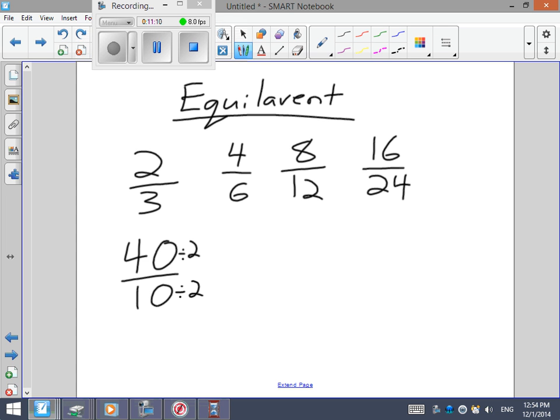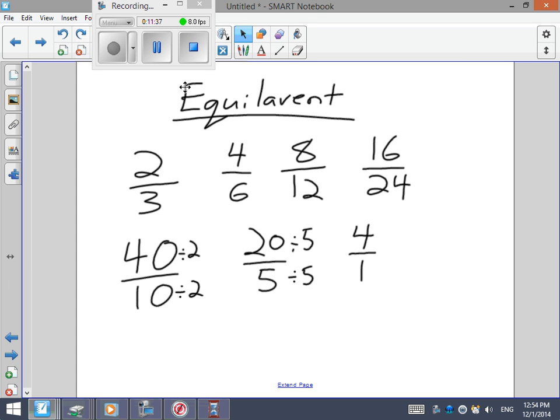We know that's going to go in both of them. That would be 20 over 5. Now let's say we divide it by, well, we can't do 2 because 5 won't be divided by 2. But both of them could be divided by 5. We can go even smaller. We can get 4 over 1. And that is about as low as you can go.